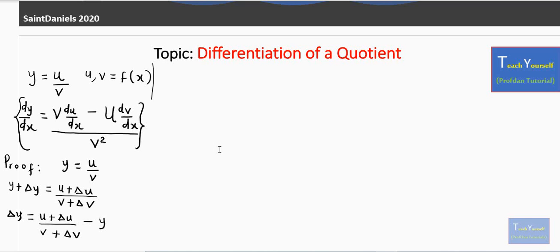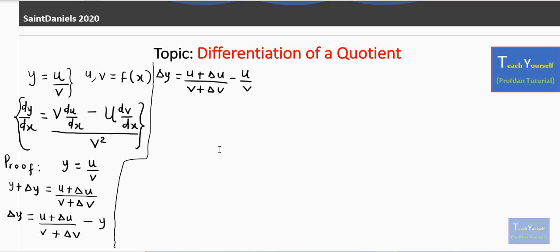And remember, we know what y is from the start, which is u over v. So by replacing that, we have change in y equals u plus change in u divided by v plus change in v, minus u over v.